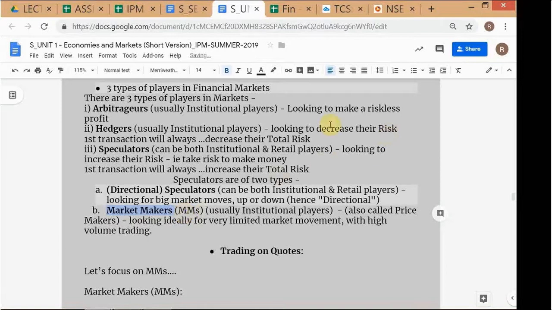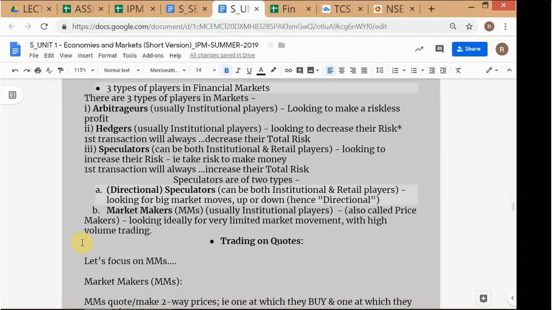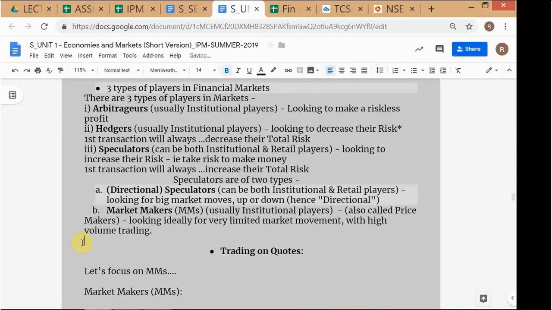So we are going to say that this risk, you'll understand later, there are very many categories of risk. So what we are talking about when we are talking about risk here, this little asterisk applies to all these three categories.